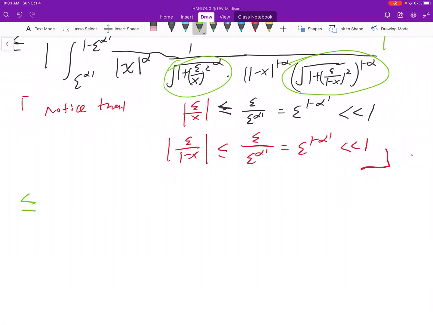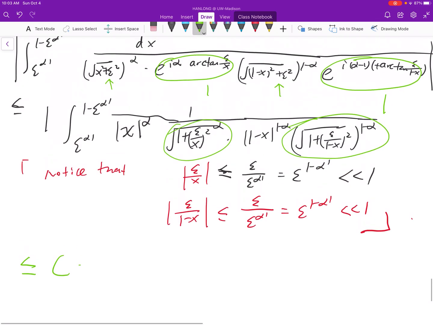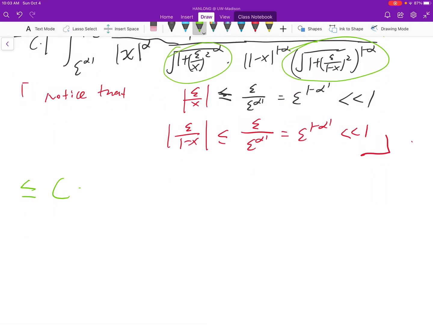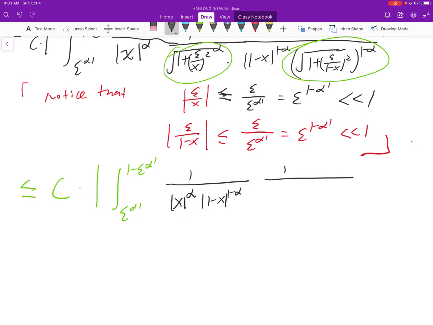So basically this will be less than or equal to a constant times the integration from epsilon to the alpha prime to 1 minus epsilon to the alpha prime of 1 over x to the alpha power, 1 minus x to the 1 minus alpha power, and times 1 over 1 plus O(epsilon over x) times 1 plus O(epsilon over 1 minus x).